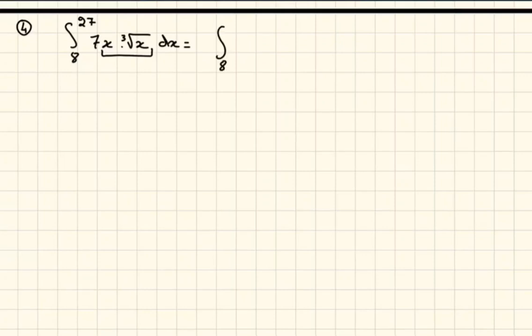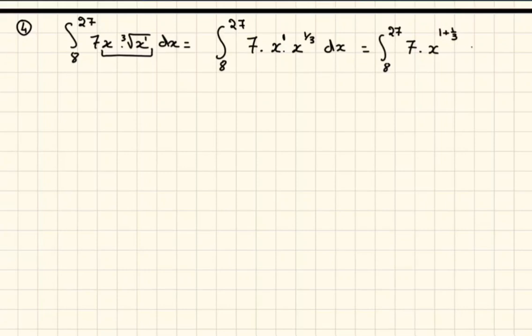So integral from 8 to 27 of 7x multiplied by, now cube root of x is x exponent 1 over 3. Now the x has an exponent 1, which is equal to integral from 8 to 27 of 7 multiplied by x exponent 1 plus 1 over 3.